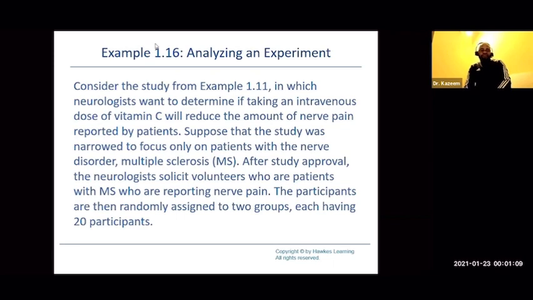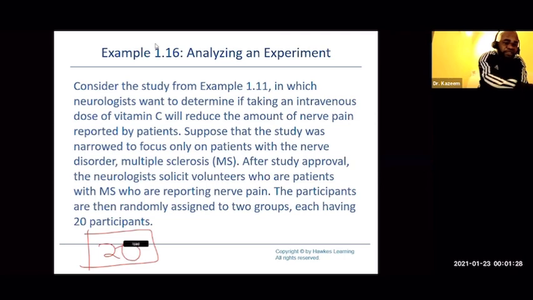After study approval, the neurologist solicits volunteers who are patients with MS who are reporting nerve pain. The participants are then randomly assigned to two groups, which means we're doing an experimental study, right? Each having 20 participants. In this group, you've got 20 participants. In the other group, you've got 20 participants.